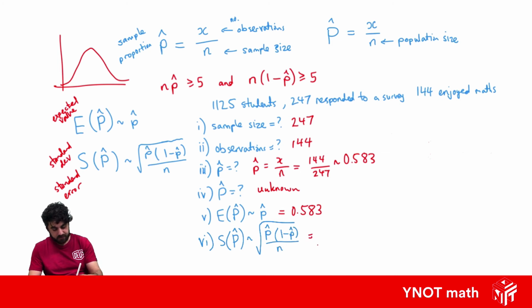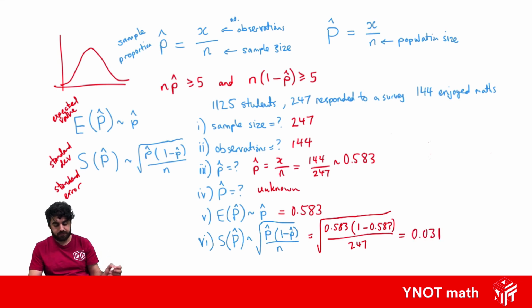So we're going to get the square root of 0.583 times 1 minus 0.583 all over 247, which is going to be 0.031 to 3 decimal places.